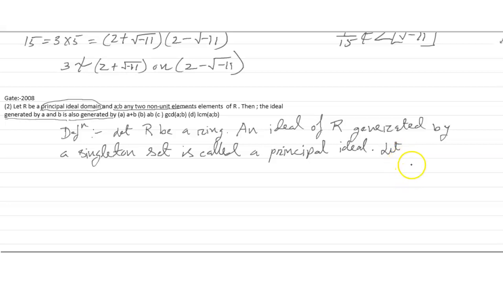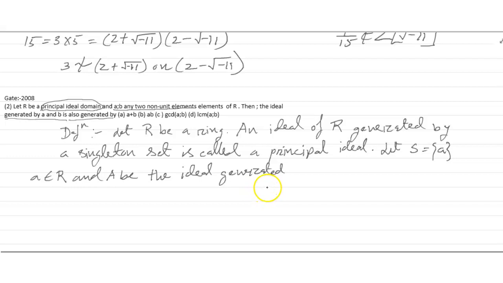Let S equal {a}, where a belongs to R, and let A be the ideal generated by S, or by a.